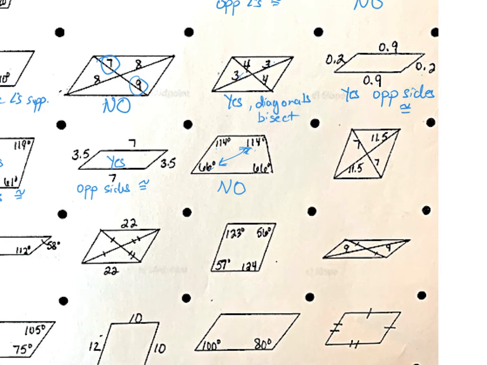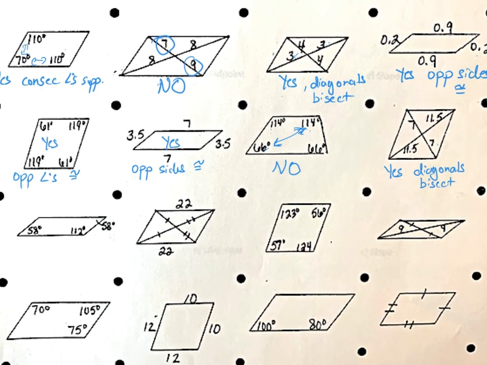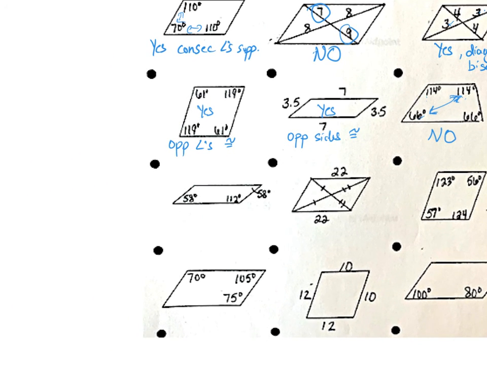Here, the diagonals bisect each other. So yes, the diagonals bisect. Here, if we add this up, 58 plus 112, what is that?